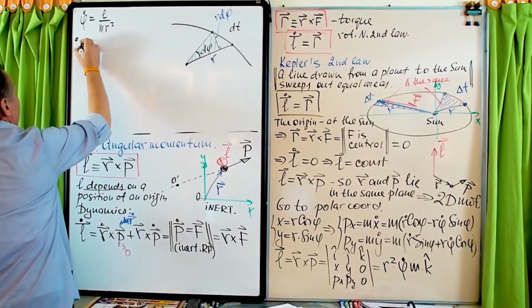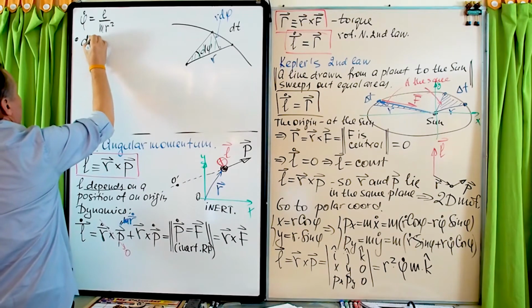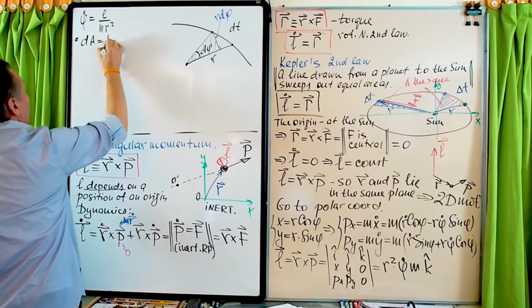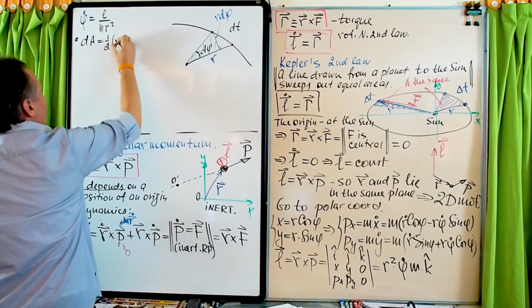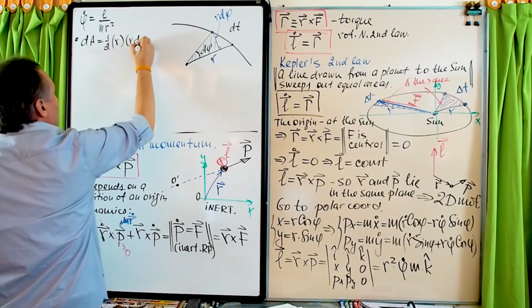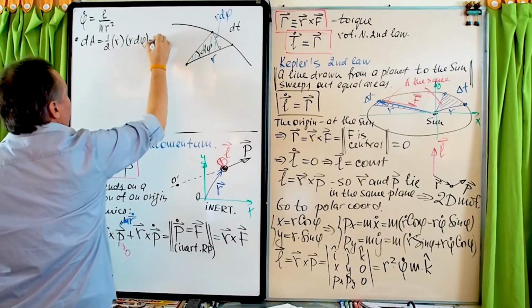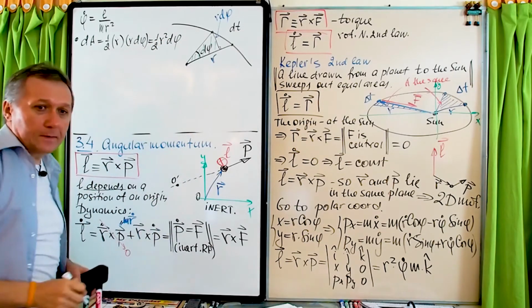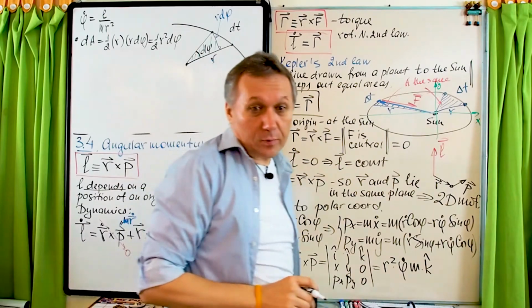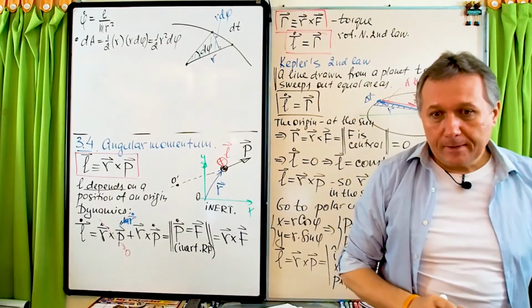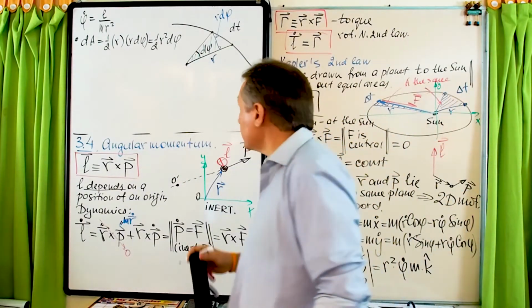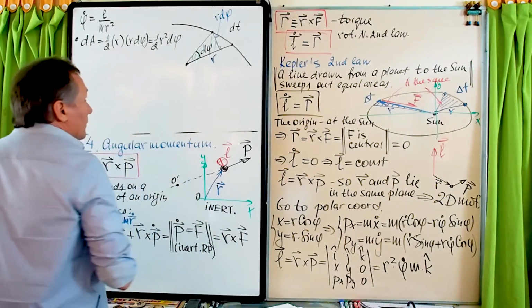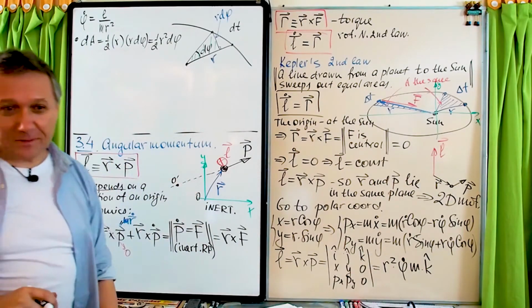Let me call it dA. It will be 1/2 r times r d phi. So it will be 1/2 r squared d phi. So that's the area, approximately, of that small area.